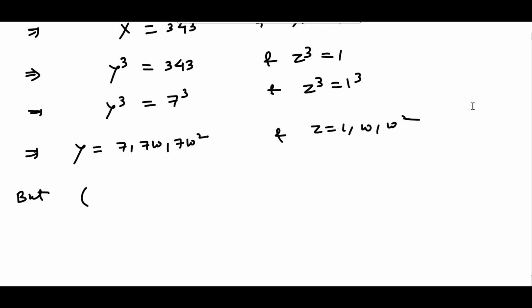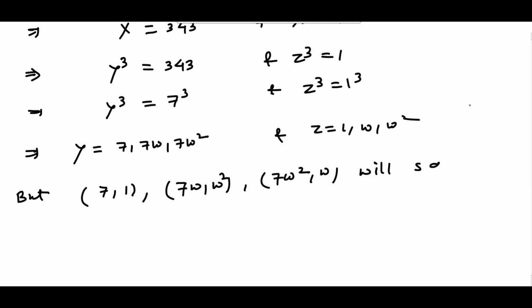But the pairs 7 comma 1, and 7 omega comma omega square, and 7 omega square comma omega will satisfy equation 2.